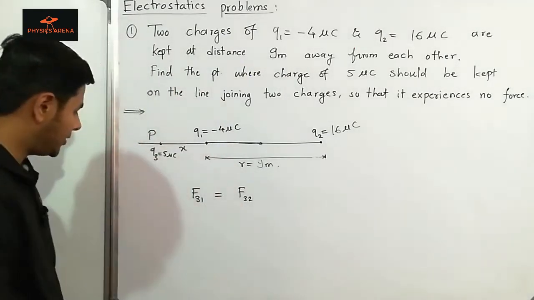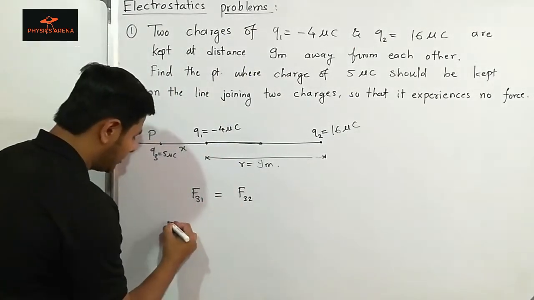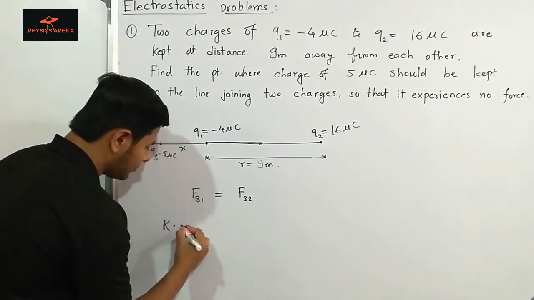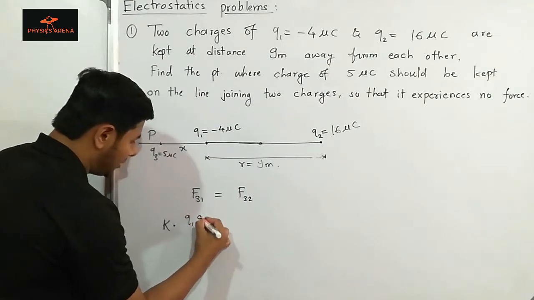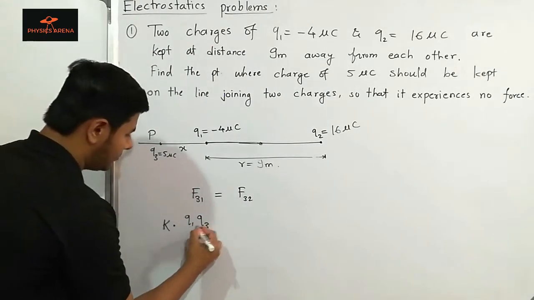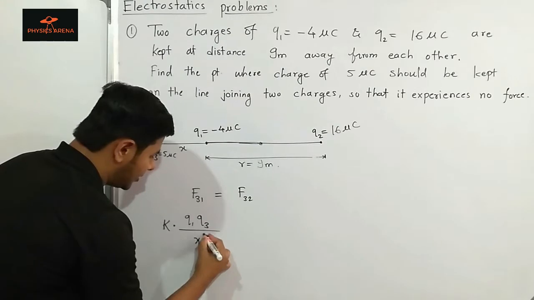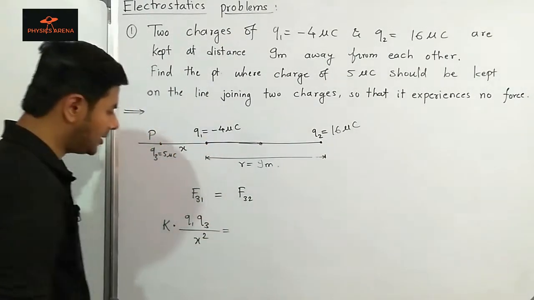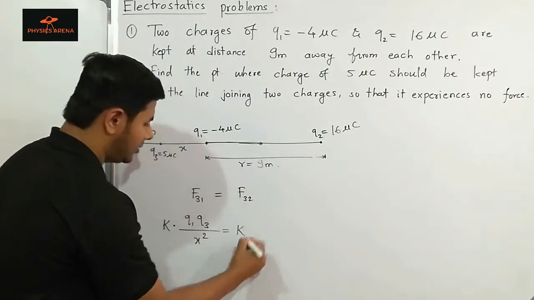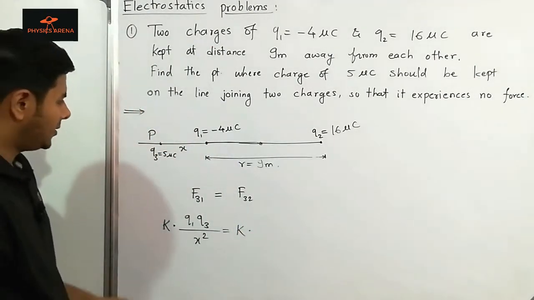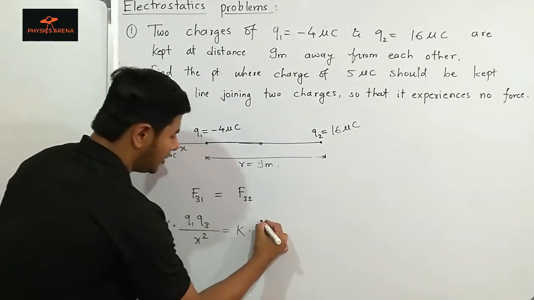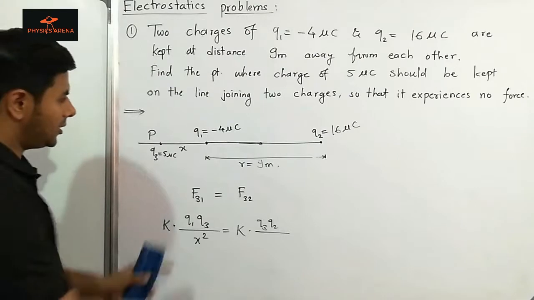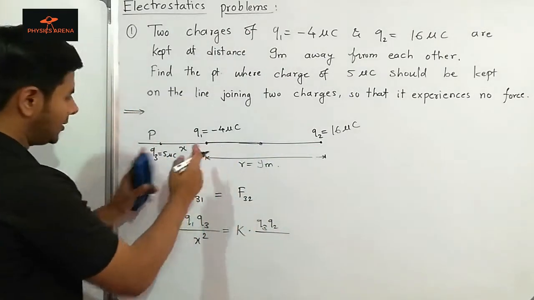Okay, now let's just substitute the formula here. So it is K into Q1 times Q3 divided by the distance between them, x squared, and it is equal to K multiplied by Q3 times Q2 and the distance now is r plus x.